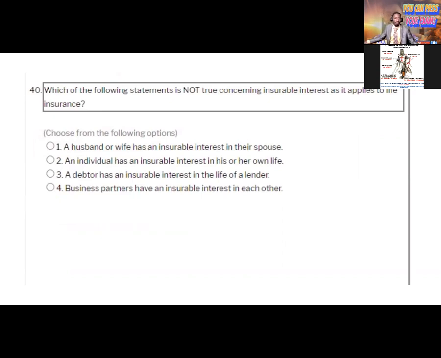Which of the following statements is not true concerning insurable interests as they apply to insurance? Now the keyword is insurable interest. First of all, you need to know what insurable interest is. If somebody dies, it's going to affect you financially. That's when you can put insurance on that person. That's a financial impact. Let's say if I don't know you and you pass away, I'll feel bad.